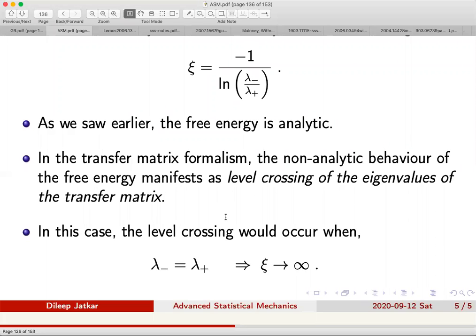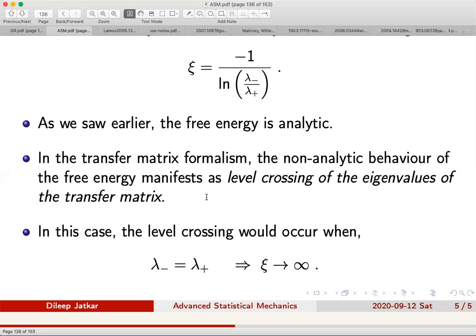In our case, we have only two eigenvalues, lambda plus and lambda minus. But you may have more complicated transfer matrices in more complicated systems, and in that case you may have multiple eigenvalues. Anytime the lowest eigenvalue corresponding to the ground state becomes degenerate with the first excited state, that is considered a signature of phase transition when you look at the system from the transfer matrix point of view.